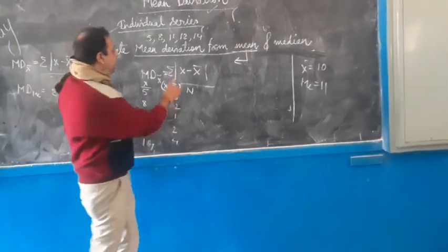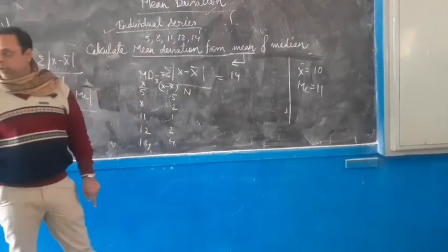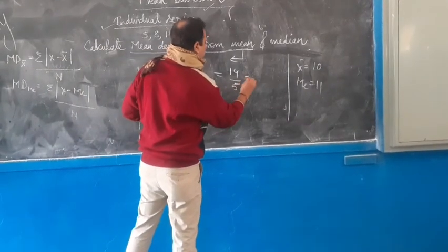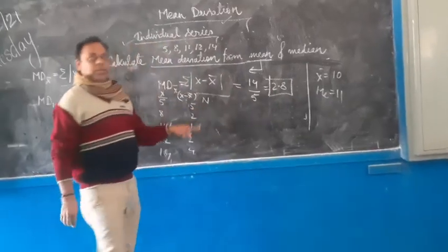So our summation of x minus x bar is coming 14, and n is 5.